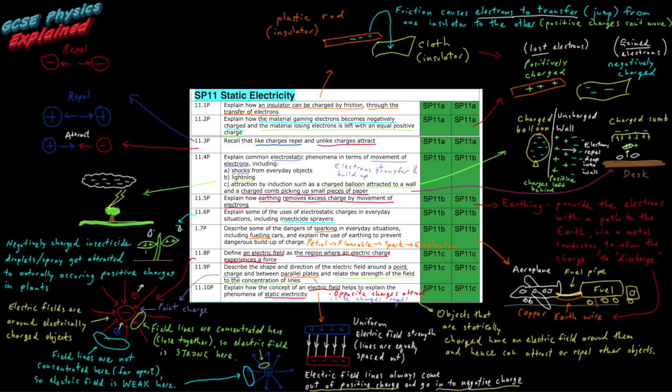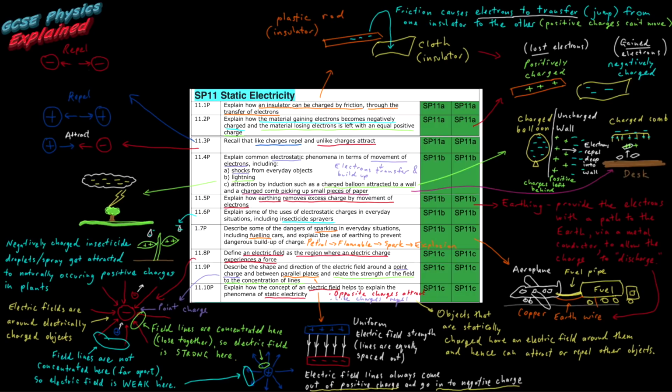So the plant will have positive and negative charges. All the little negative charges, the little electrons, will be repelled away to the bottom part of the plant, and that'll leave an overall positive charge at the top of the plant or on the top of each leaf, and then the insecticide spray will get attracted to it. Opposites attract. So negatively charged insecticide droplets get attracted to naturally occurring positive charges in the plant.